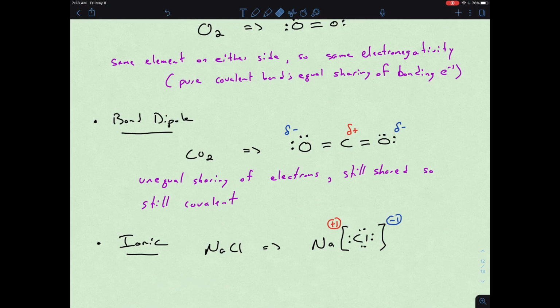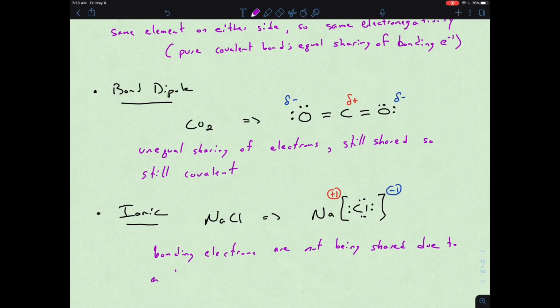So the bonding electrons are not being shared now due to a drastic difference in electronegativities.